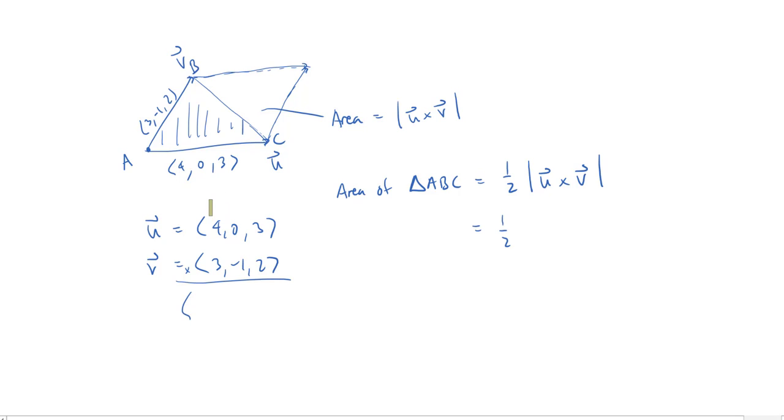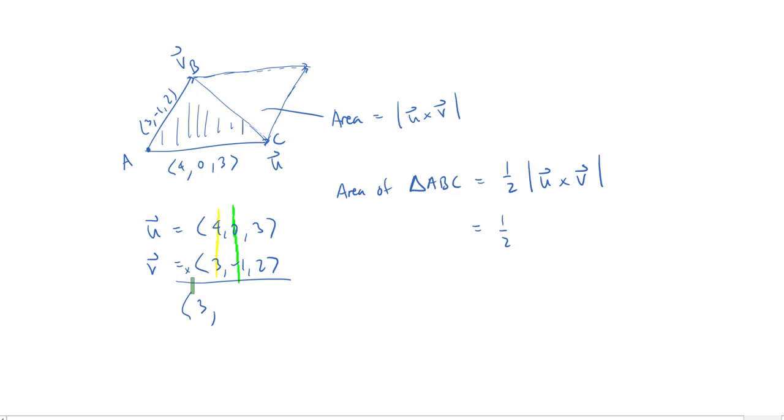As in the previous video, which I'll put a link to in the description, I cover up the first column, and now I go 0 times 2 minus 3 times negative 1. So that will be 0 minus negative 3, which is positive 3. Now to get the middle component, I cover up the second column, and I multiply, but now I do it backward.